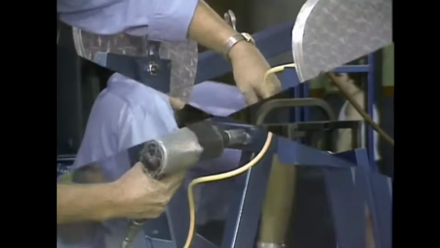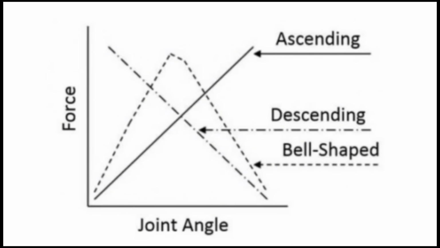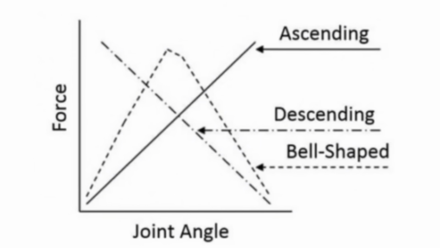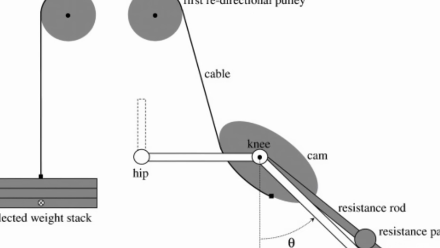Arthur Jones' theory was that if a machine's resistance curve matched the strength curve of a target muscle, it would be more effective at developing that muscle. Theoretically, that is correct. However, sometimes the resistance curve of a particular Nautilus machine did not match the strength curve of the target muscle. Other times, it neglected to account for any mechanical disadvantage that may be occurring in that particular muscle.